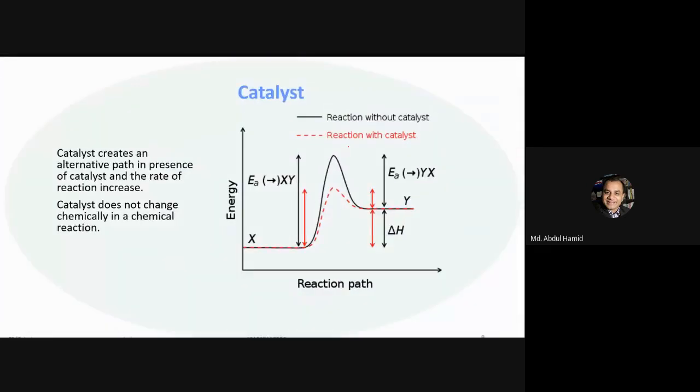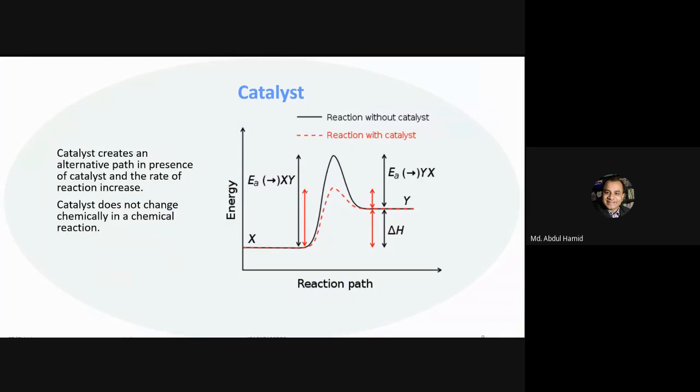Then the next one, catalyst. A catalyst is a substance. Mostly in your case, we use a transition element or a compound of a transition element, right? Mostly industrial catalysts are transition elements or compounds of transition elements. It creates an alternative way. The red broken line you see in the diagram creates an alternative way that has a lower activation energy.